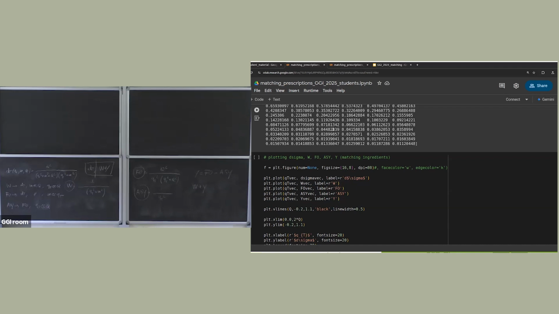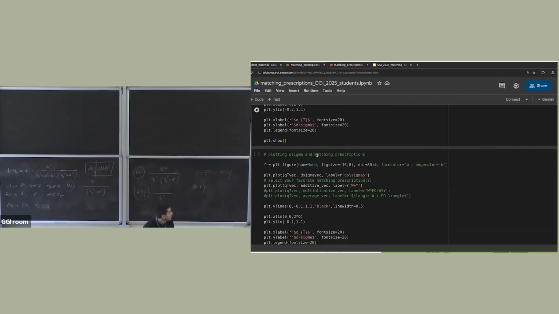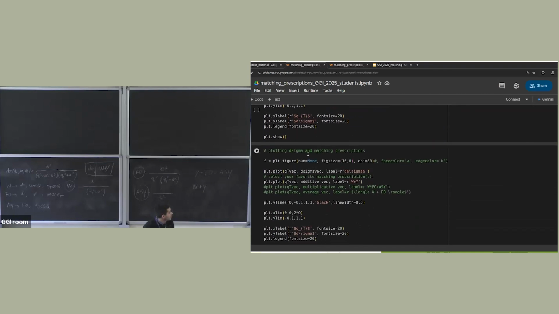So did anyone succeed yet in comparing the two? I think you have to uncomment some of the lines. The first cell here plots the sigma and the three approximators, the matching ingredients. The second one plots the sigma and one or all of the matching prescriptions. So if you want to plot the full cross section, use this line, and then here you have to select your favorite matching prescription.